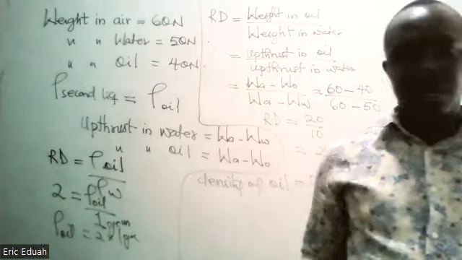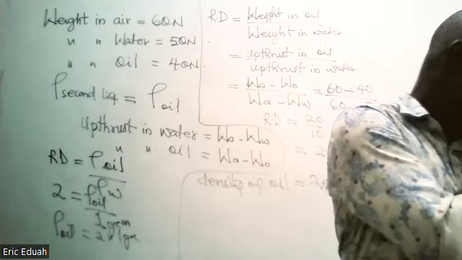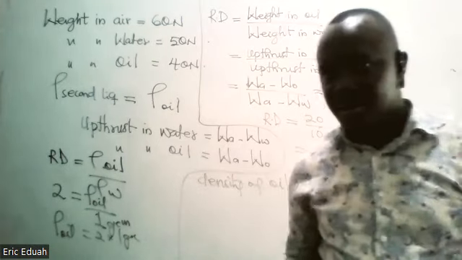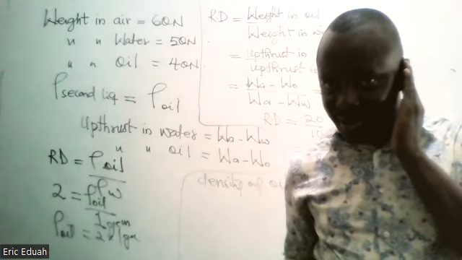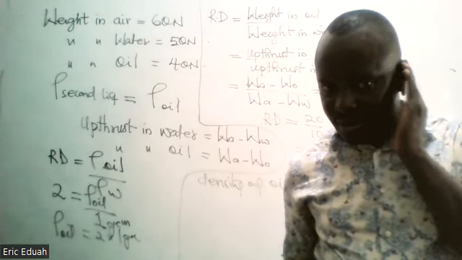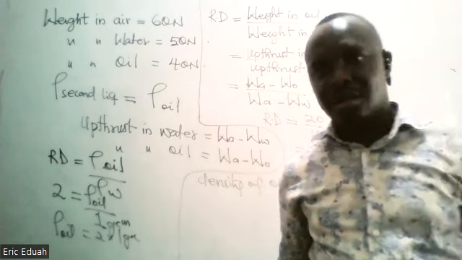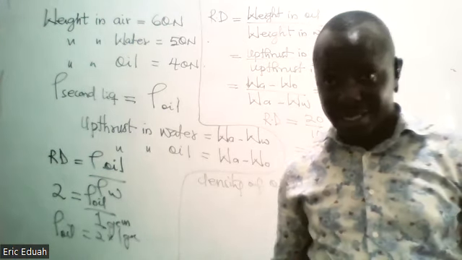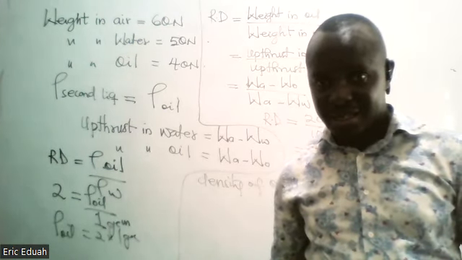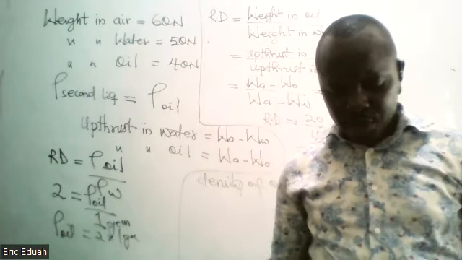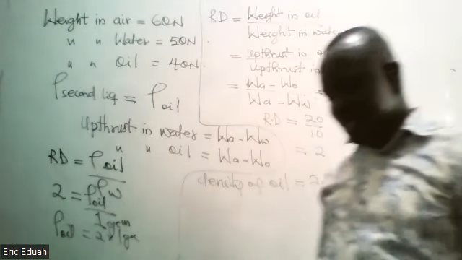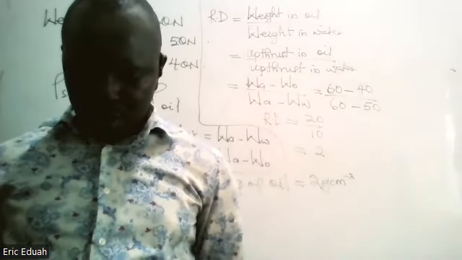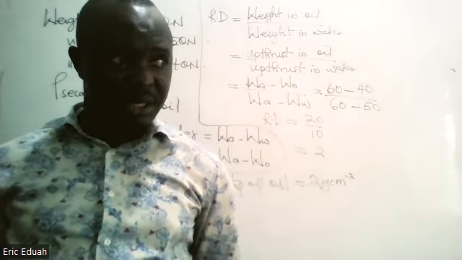Can you begin again? Can I repeat? Yes. A hydrometer is made of a tube of diameter 2.3 centimeter.